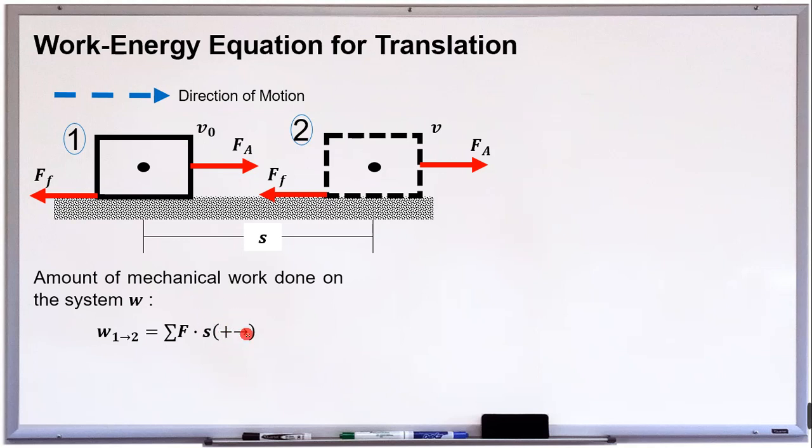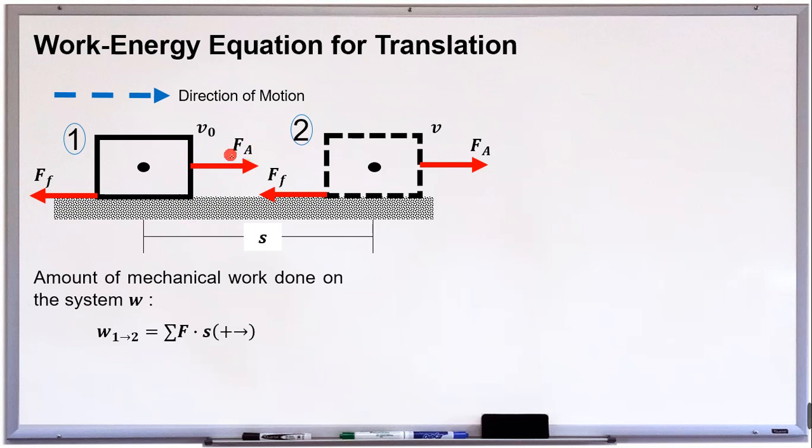So the sign convention here will help you to know which of the forces that are given on the system are positive or negative, or which of these forces will contribute a positive work, or which of these will contribute a negative work. Now, in our example, the applied force, as you can see, is directed towards the right.